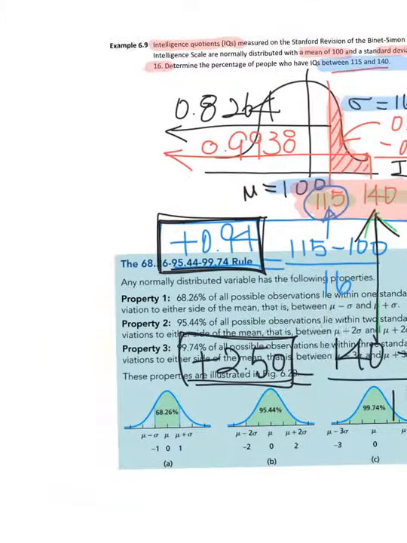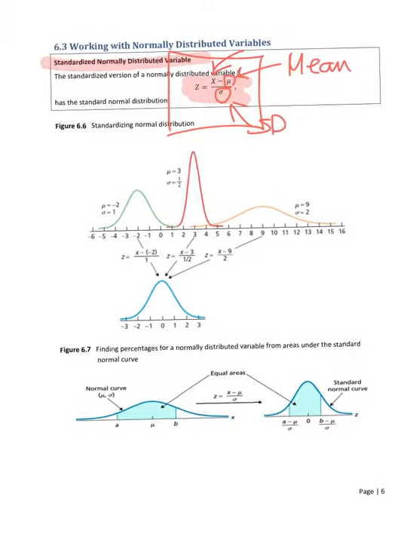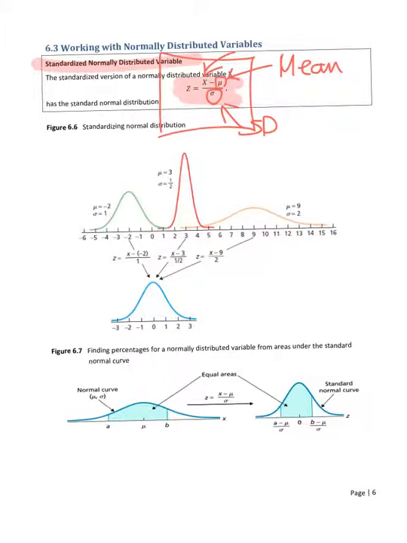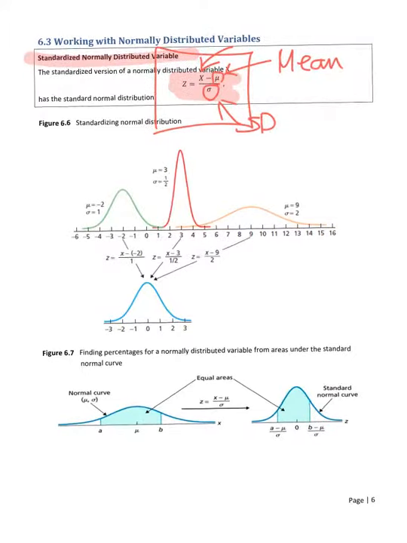So even though we didn't have the standard normal distribution, we can make the standard normal distribution. After we made the z-score, the standard normal distribution, now we can use the z-table to get the probability.